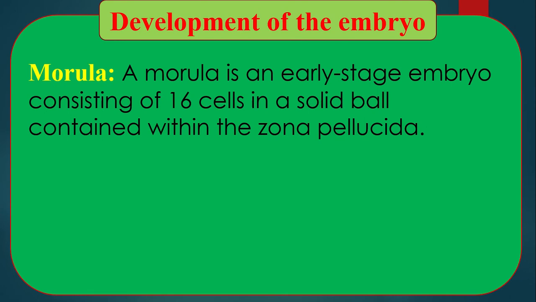Morula. A morula is an early stage of embryo consisting of 16 cells in a solid ball contained within the zona pellucida. What is zona pellucida? Zona pellucida is the outer layer of ovum.